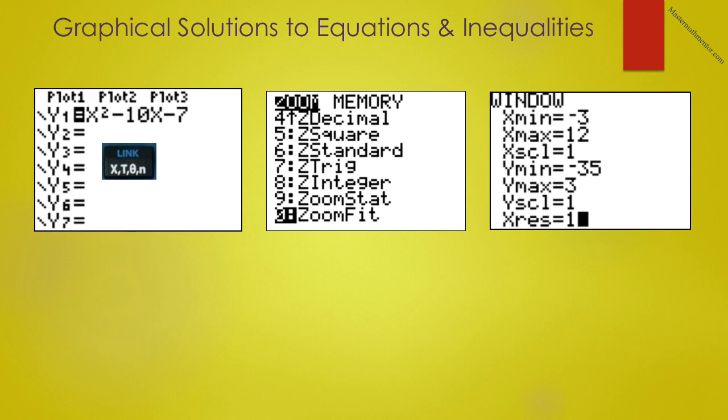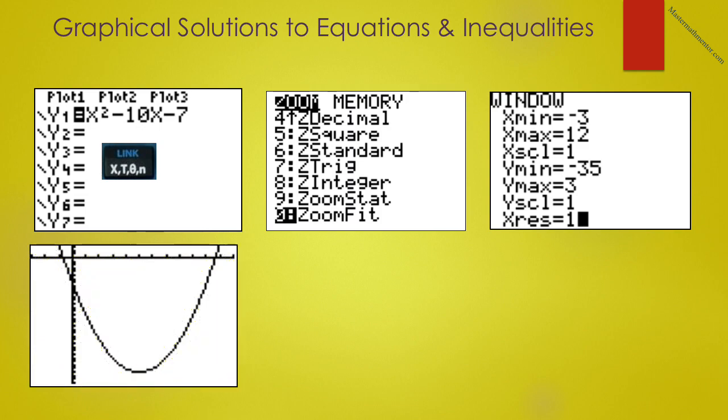A good way to show the graph in a window is to establish your x-min and x-max. In this case, we would like to look at this function from negative 3 to 12. We then press zoom 0, called zoom fit, and what it will then do is adjust the y values to show all the behavior of the graph.